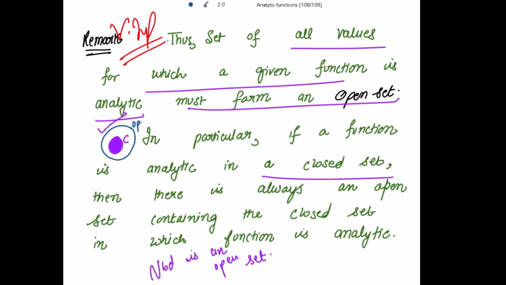There is always an open set enclosing this closed set in which the function is analytic. It is a very important point. If you say that a function is analytic in a closed set, then there is always a bigger open set containing that closed set in which the function is analytic.